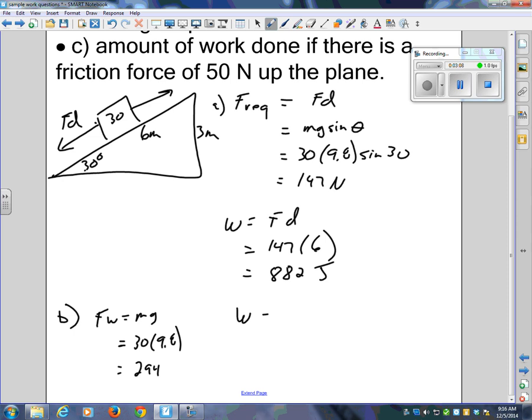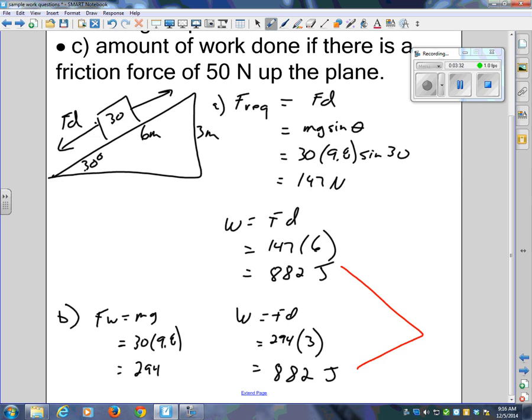Then work equals FD, 294, but the distance is only 3 that you have to lift it. And what do you get? Coincidence? I think not. Mathematics.